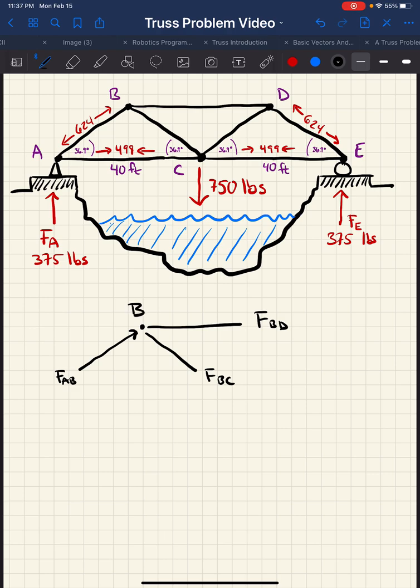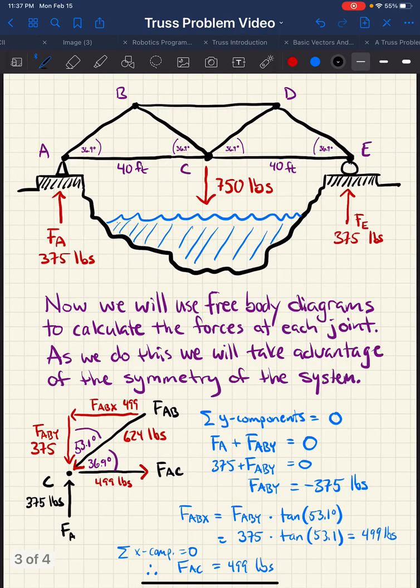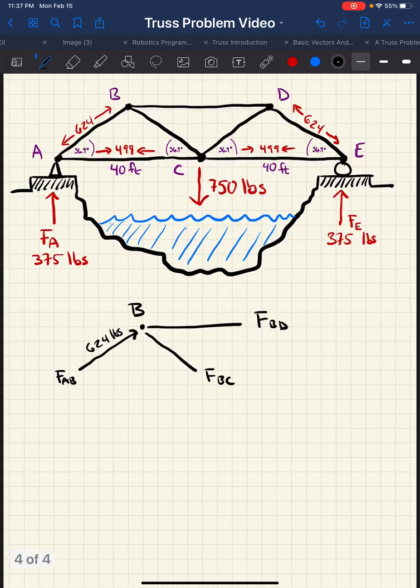And we know that this one is 624 pounds. We actually know more than that. If we come back over here and look, we know that we have 375 and 499 for the x and y components.